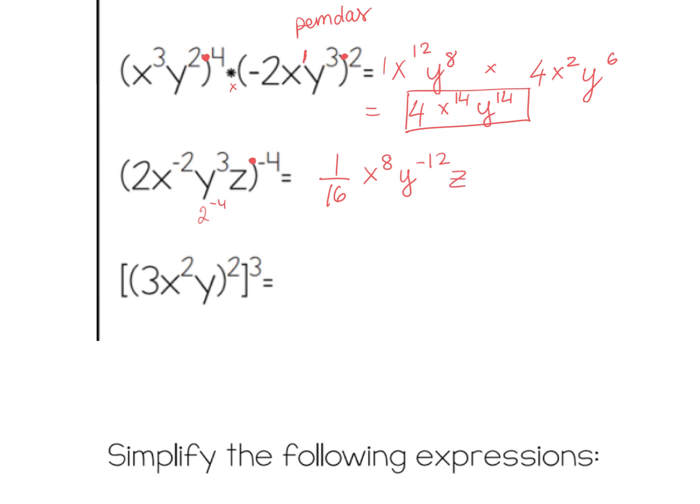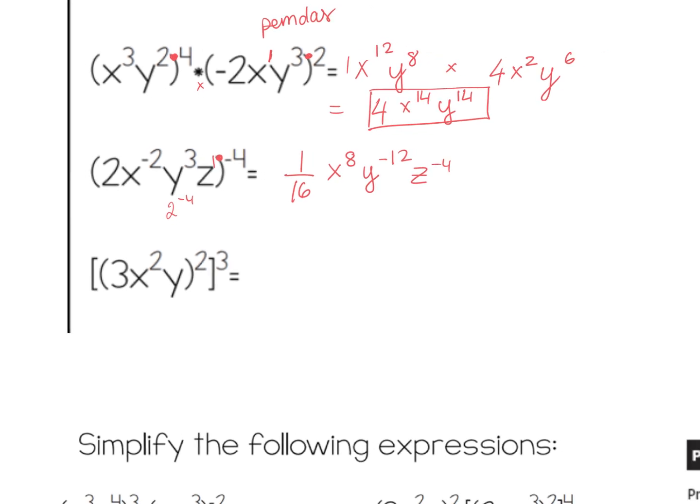And z to the negative 4, because 1 times negative 4 is negative 4. Now you will see you have some negative exponents, so you have to flip and put them in the denominator. So on the top, you still have x to the power of 8 times 1. But at the bottom, you will have 16 times y to the power of 12 and z to the power of 4.